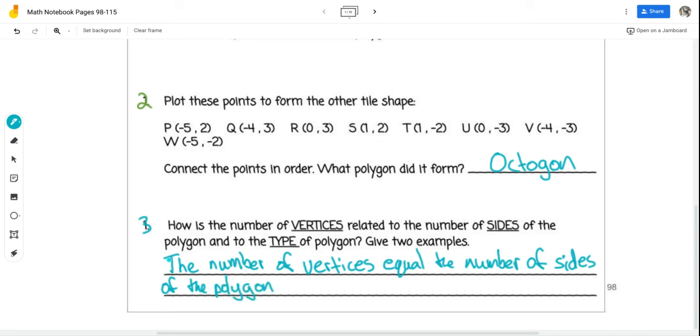And to give you some examples, a square has 4 vertices, 4 corners, and 4 sides.